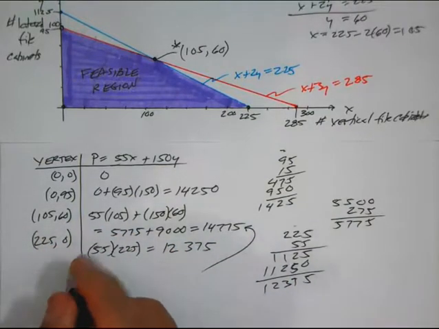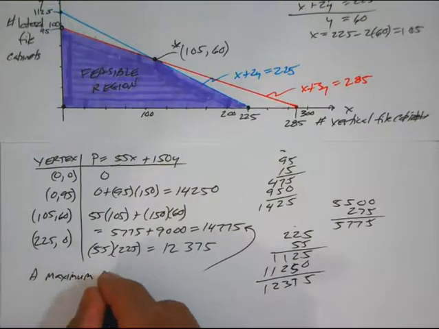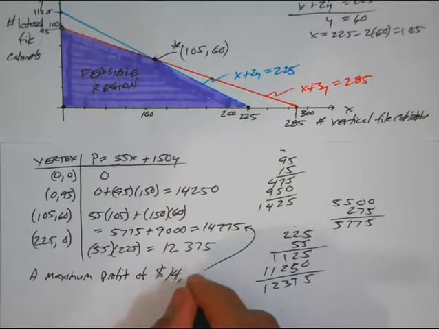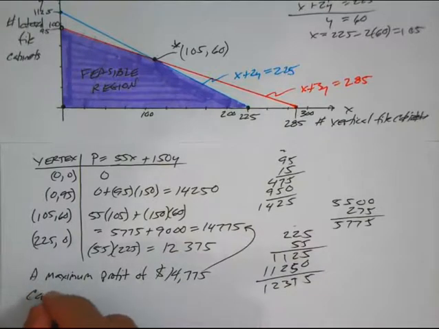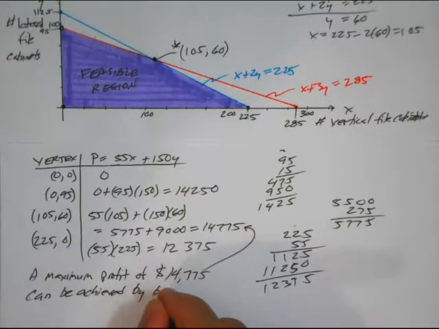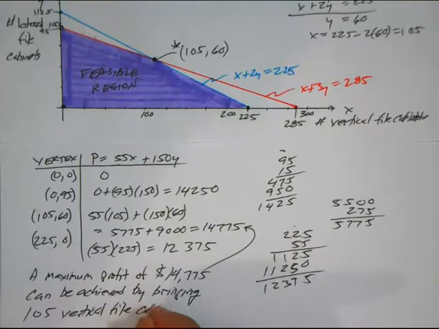Guess we can make our conclusion interpreting what's going on here. Looks like we believe a maximum profit of $14,775 can be achieved by bringing 105 vertical file cabinets and 60 lateral file cabinets.